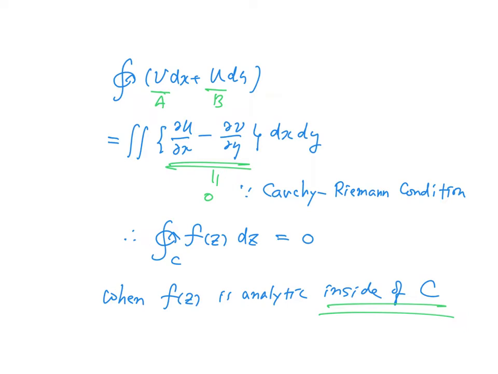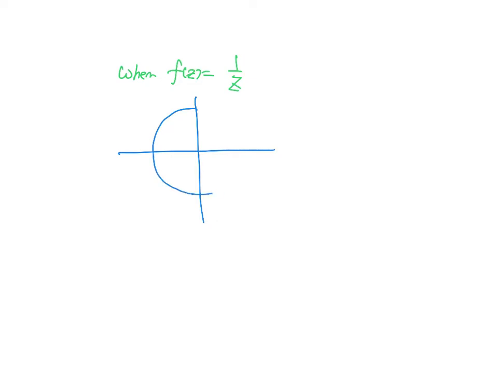So we can consider when f(z) is not analytic, for example, f(z) equals one over z, where now your curve is the unit circle.